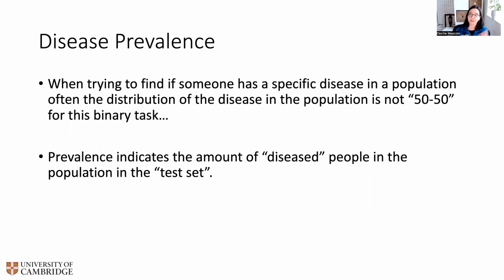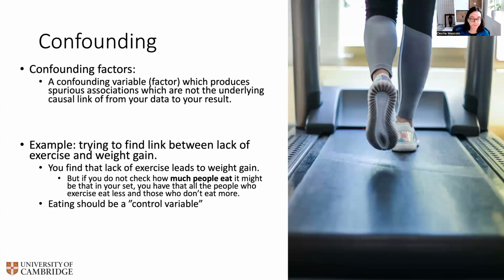So you need to consider it when you're testing a system. Also sometimes if you train the model over a 50-50 healthy and non-healthy split, when you try that model on a population that has a different balance of classes, you will find that it doesn't work. And so disease prevalence is one variable you need to consider when you use machine learning.